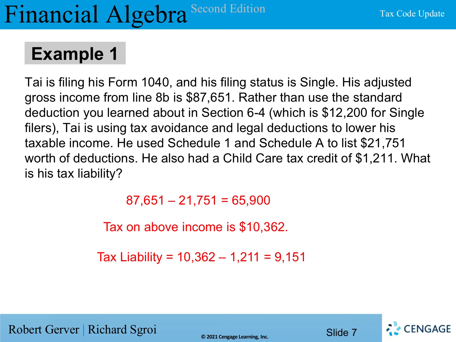Next, we're going to take and deduct his tax credit, his child care tax credit of $1,211 and come out with his current tax liability of $9,151.